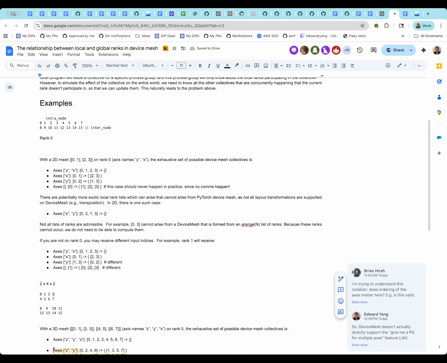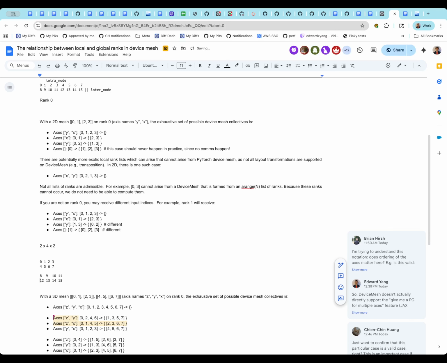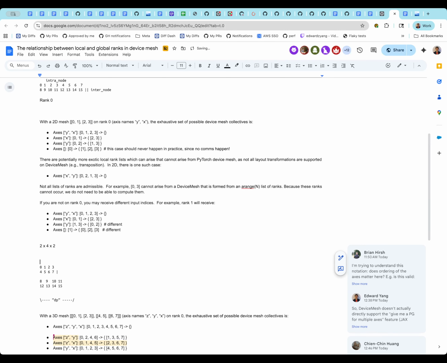But the longer answer is that at some point you will invariably want to flatten your mesh for one reason or another, and then you would be communicating across a slice. Okay, then the follow-up is, do you create one PG group for that or 2? When you flatten, you'd need to create another flattened PG group and so on.